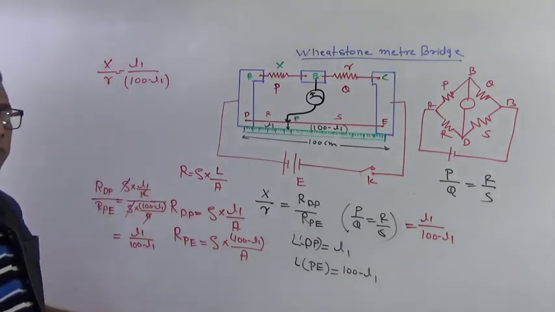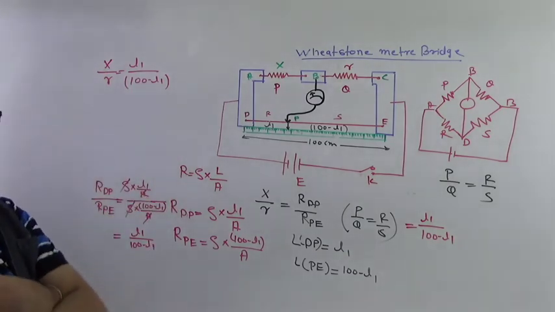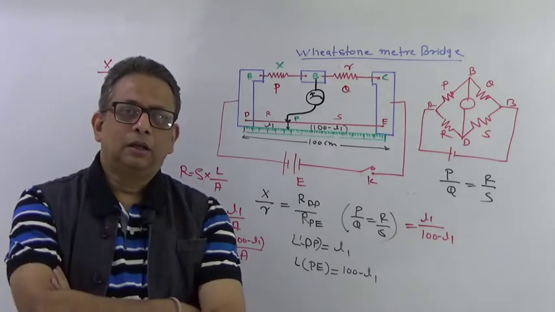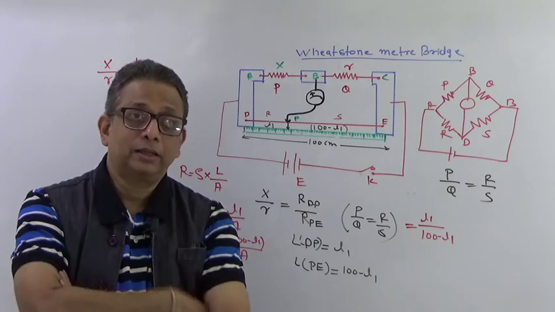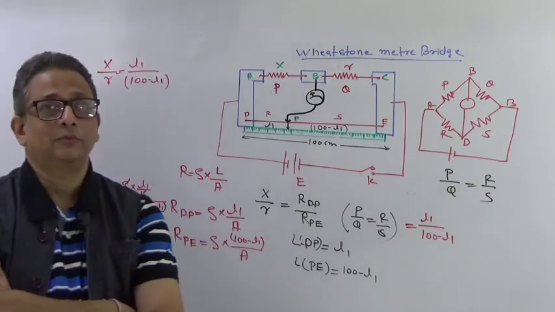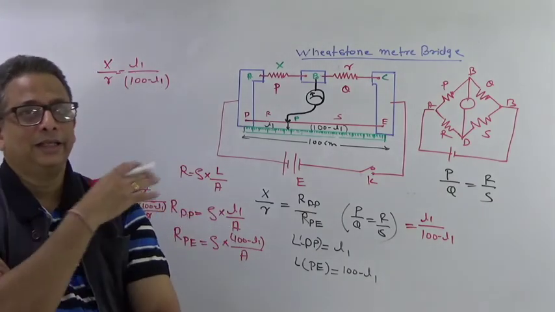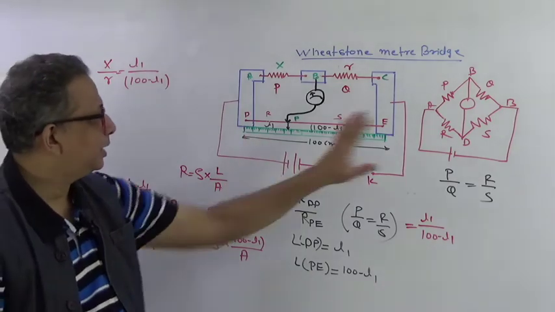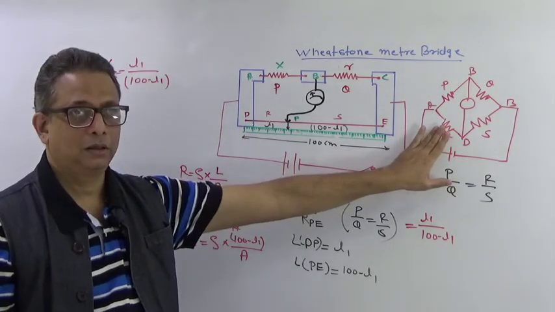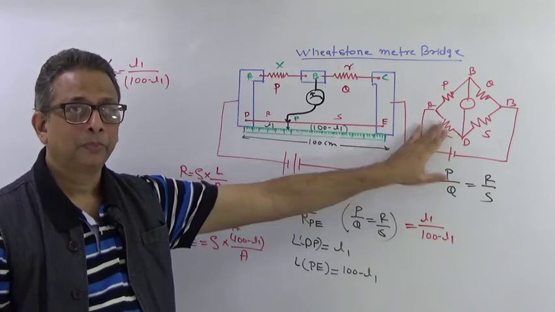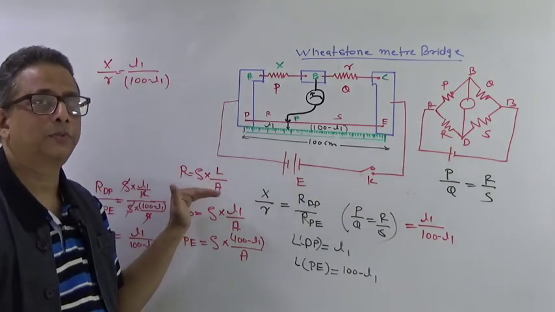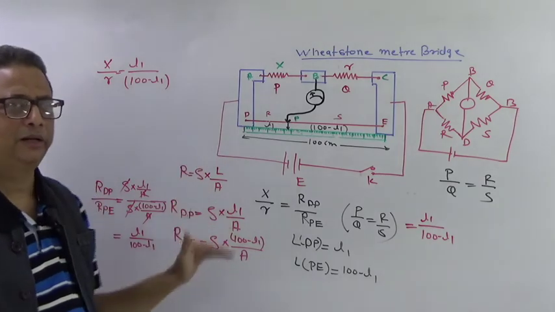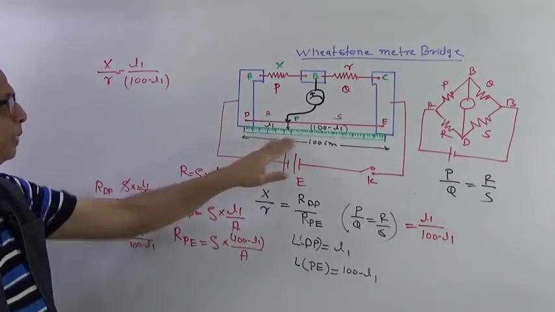It is also an experiment for your 12th standard practicals, and a lot of problems come with the Wheatstone bridge. But if you understand this concept clearly in relation to the basic Wheatstone network, you will know how to solve these problems more easily. It's nothing very difficult. You just have to understand the balancing length.